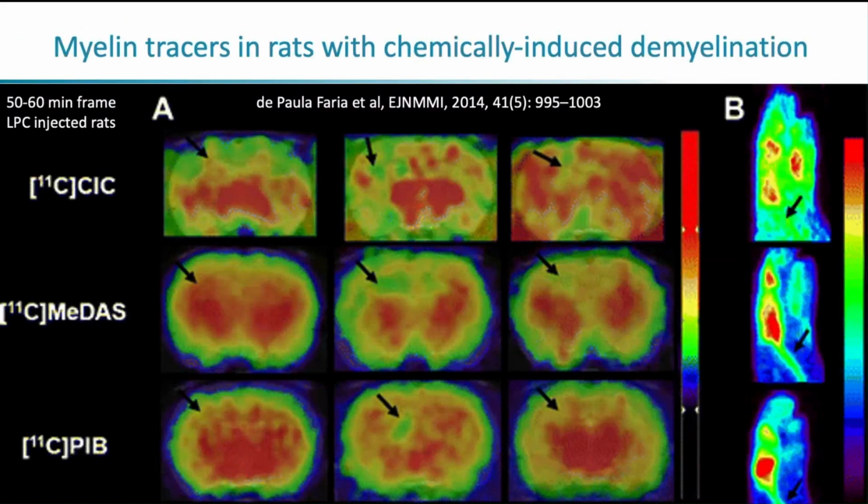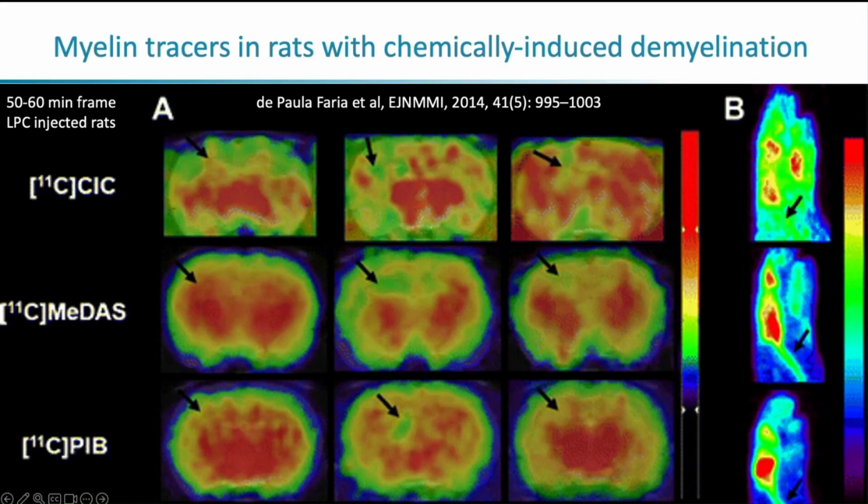And then, here is a preclinical study using 3 different tracers. PIB is a well-known amyloid tracer. CIC and MeDAS are derivatives with a stilbene core. And this is a model of chemically induced demyelination. So they inject a surfactant into the brain that causes focal demyelination, and you can see a decrease in signal.